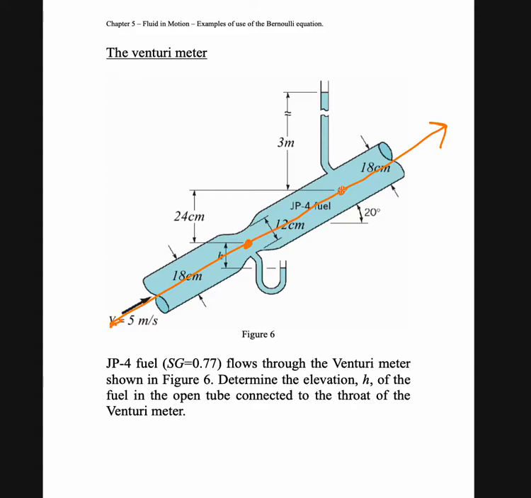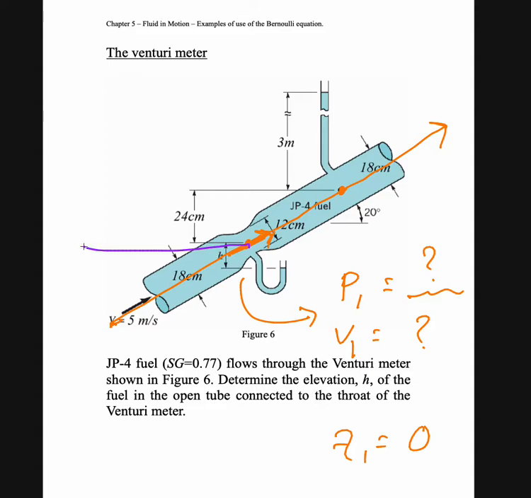So at point number 1, P1 exists, it is unknown, we need to calculate. V1 for sure is unknown because water flows at point number 1 with a certain velocity, and Z1 we could take as equal to 0 if we take this level as the datum.